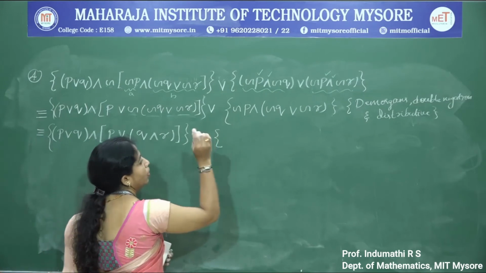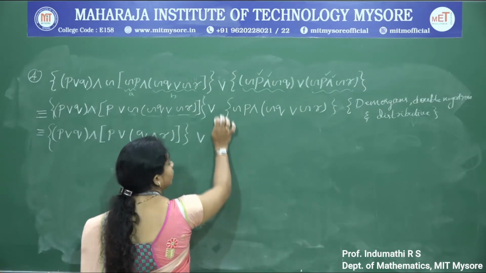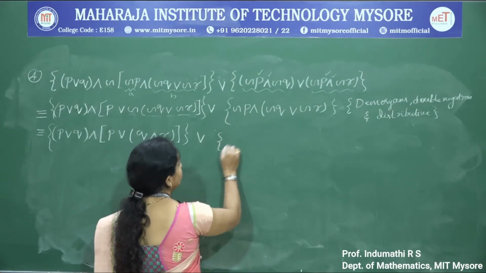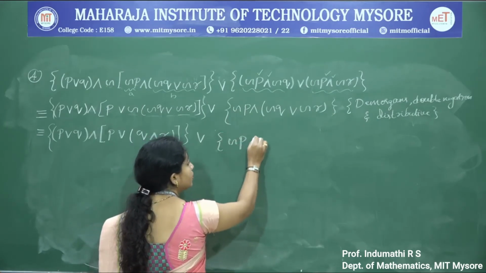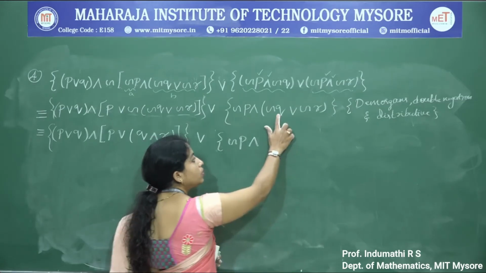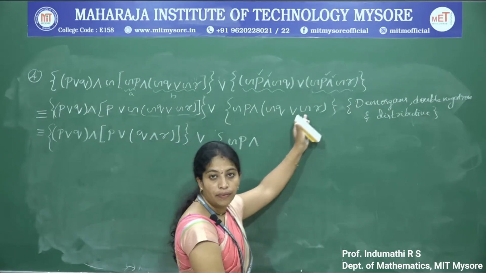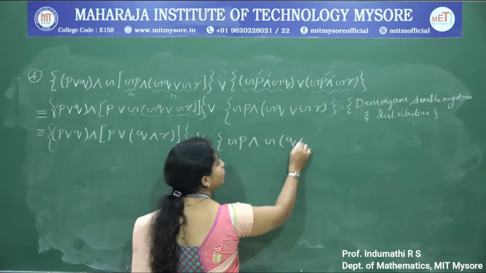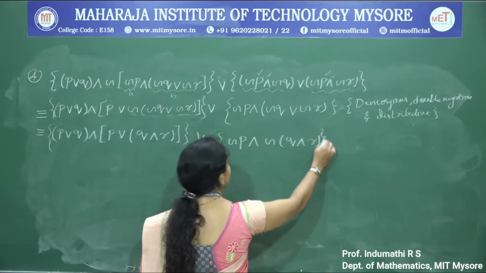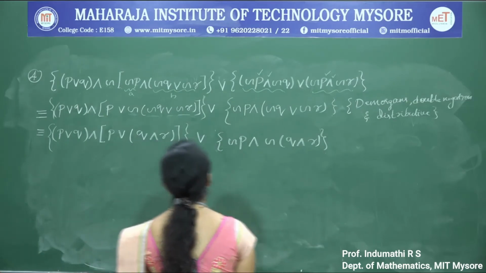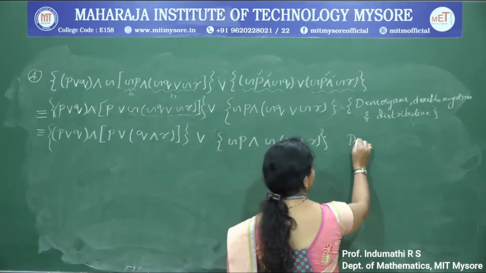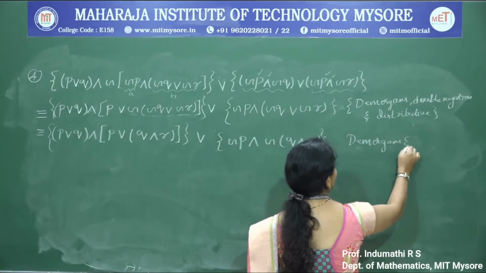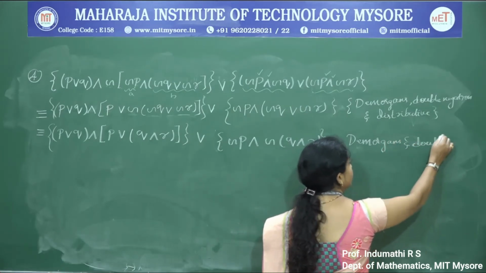Now here, taking negation symbol outside, let's write negation P conjunction of. Now in these two terms, applying law of De Morgan's, taking negation symbol outside, we can write Q conjunction R. Here in this step, we have applied De Morgan's as well as law of double negation.